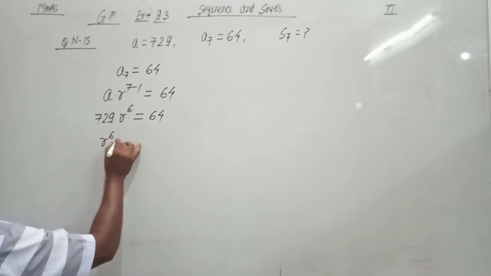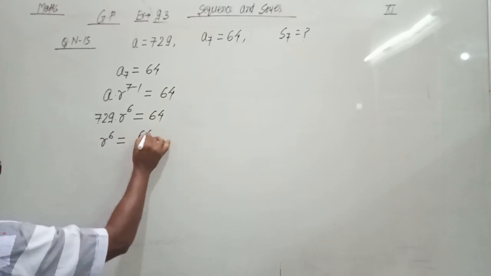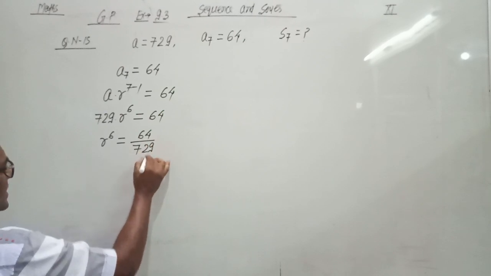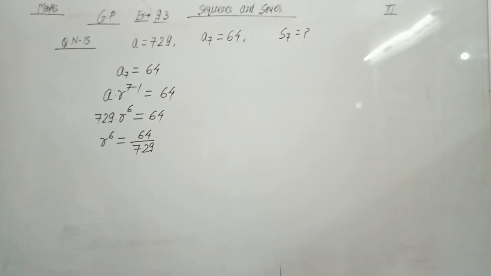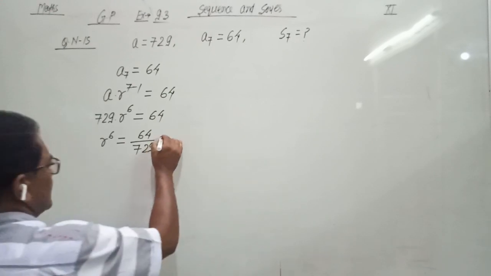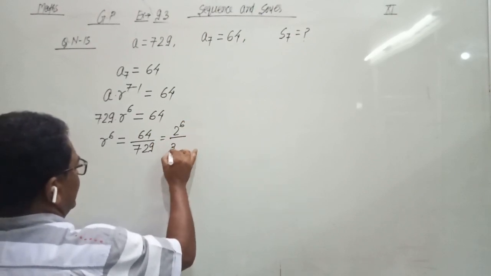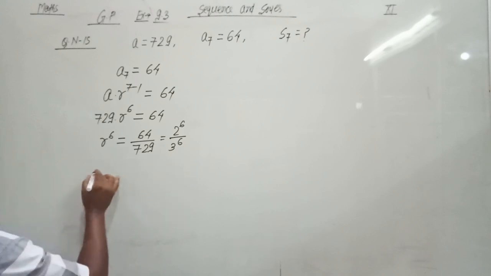Then R raised to the power 6 equals 64 upon 729. Make the factors of 64 and 729. 64 is written as 2 raised to the power 6, and 729 is written as 3 raised to the power 6.